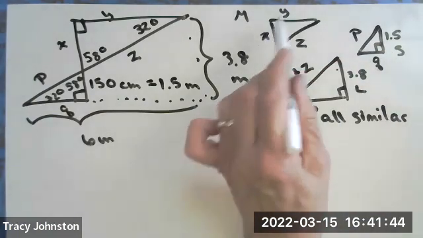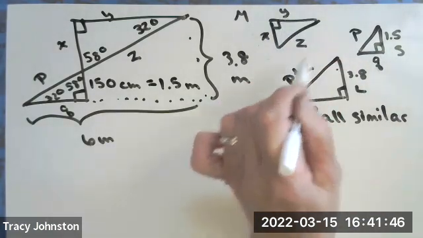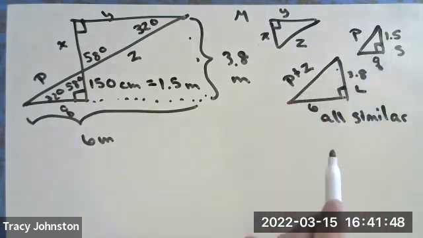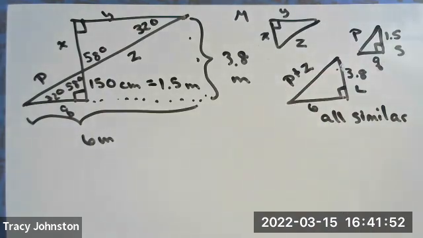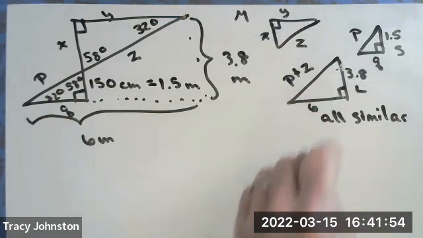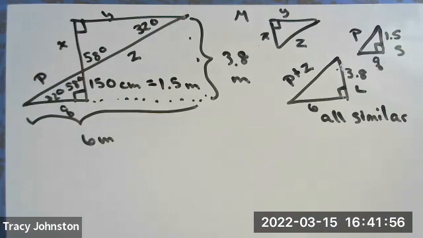So now I have variables for all the unknown parts, and I have numbers for all of the known distances that we have.